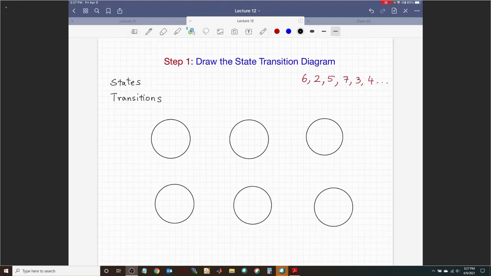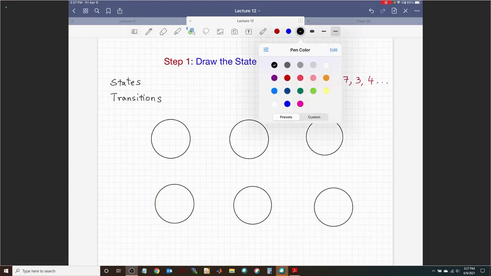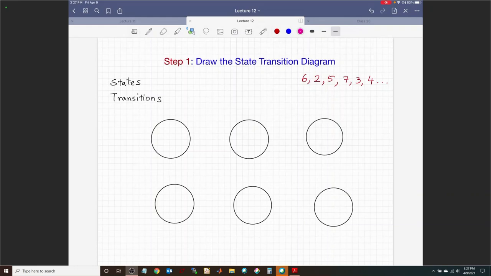So I've got 6 circles over here, and I can use some arbitrary names for the states. I can call this S0, S1, S2, S3, state 4, state 5.